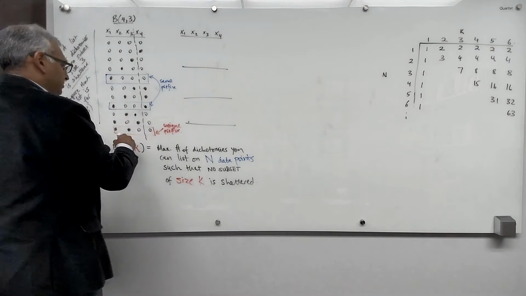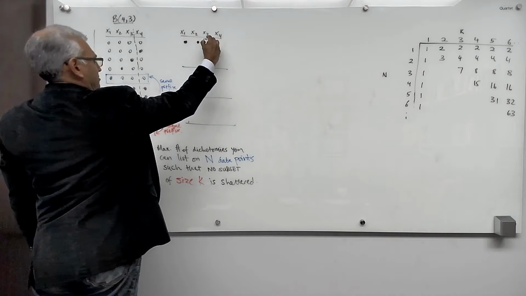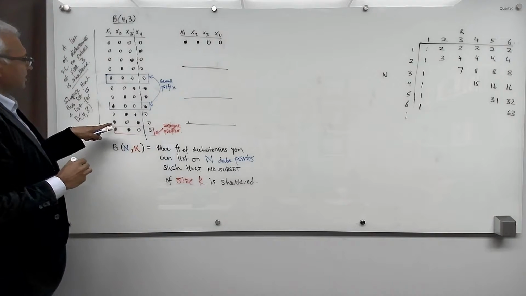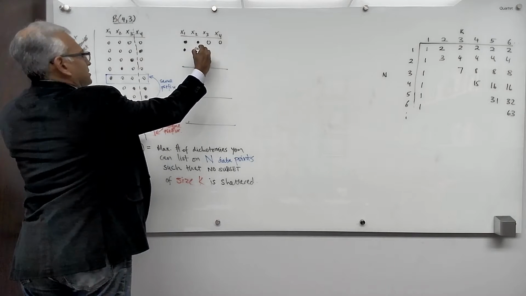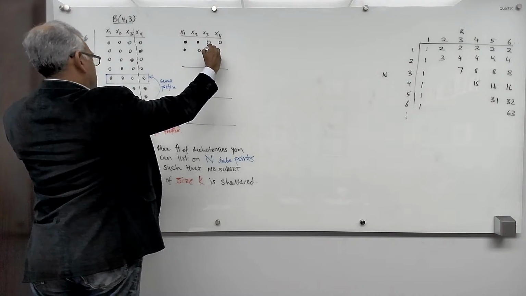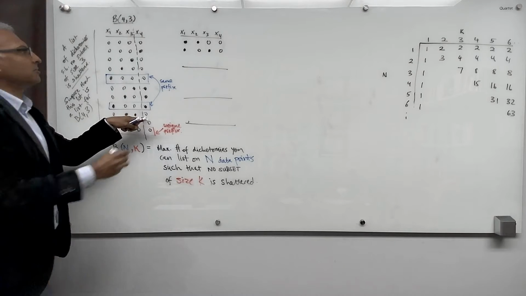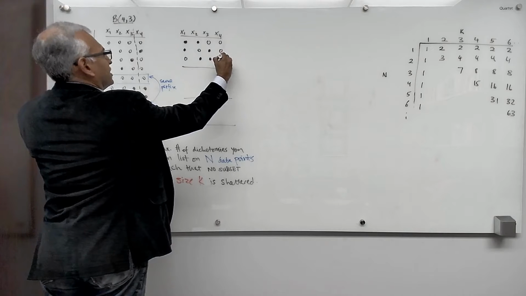So let's start with the unique prefixes. Here's a unique prefix: plus, plus, minus, with a minus. And this guy here, plus, minus, plus, with a minus. And this guy here, minus, plus, plus, with a minus.